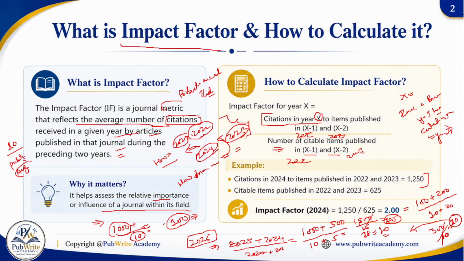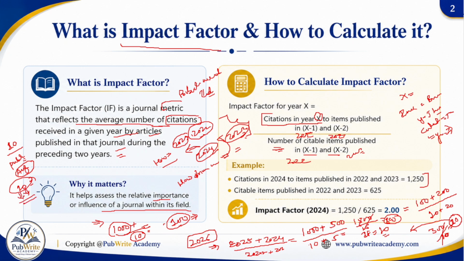Try to understand, it's not a mandatory thing, it's an average number. If our paper is published in that journal, it is believed that our paper will receive on average 10 citations in a year. That's the meaning of impact factor.